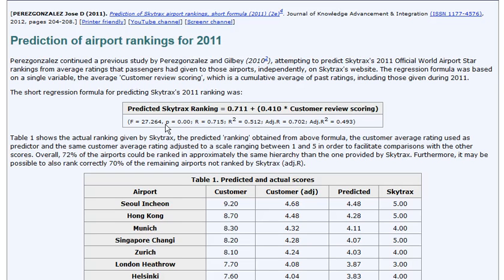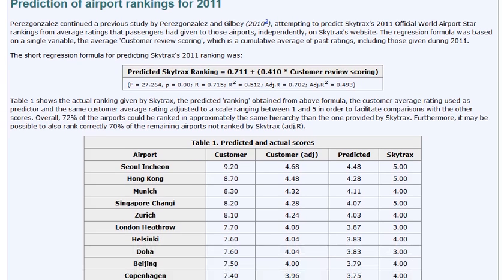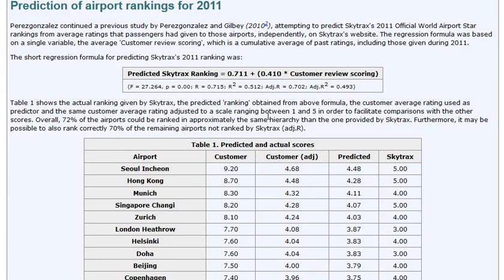Now, other than the regression formula itself, basically the study contains similar data to that obtained in 2010.